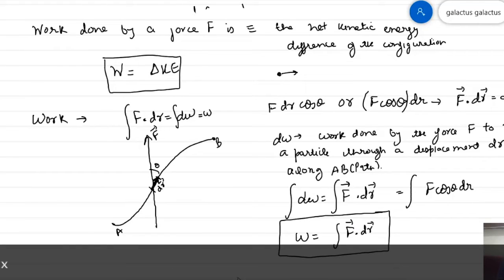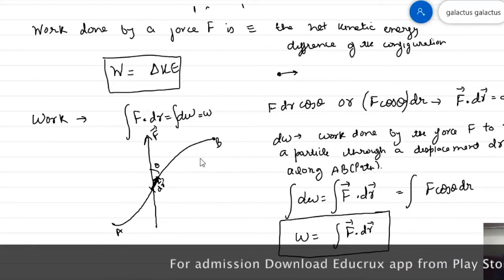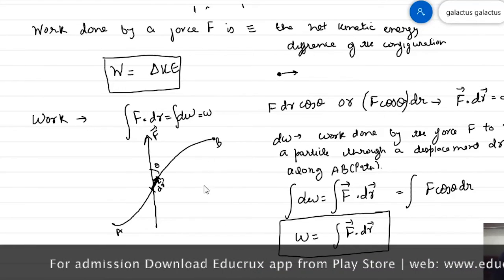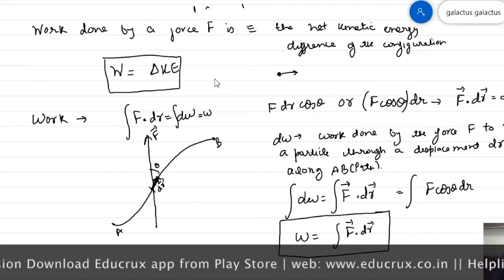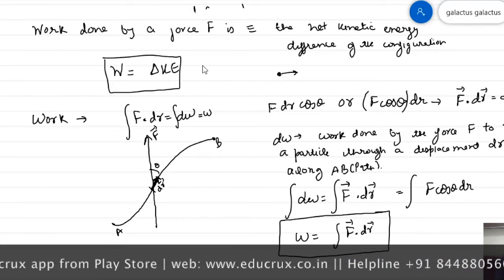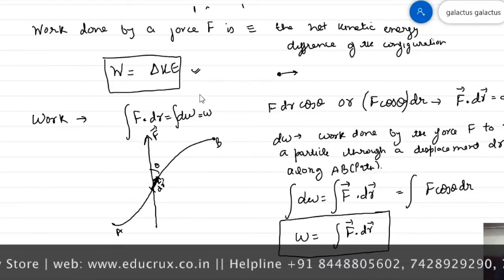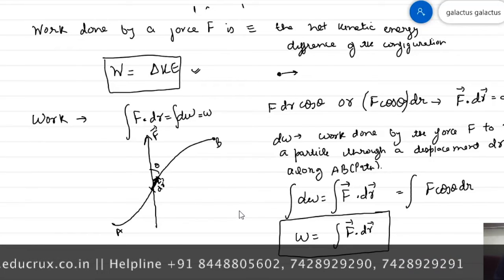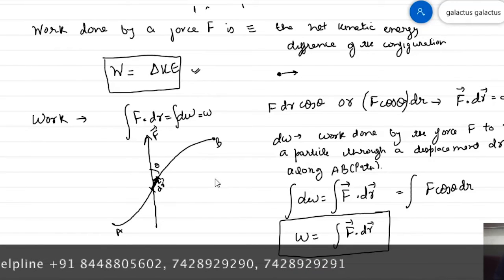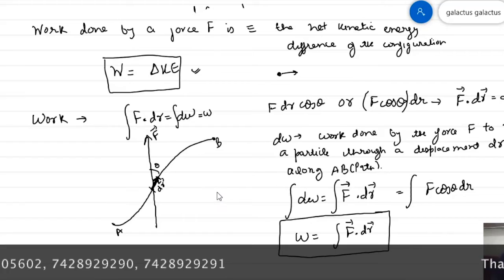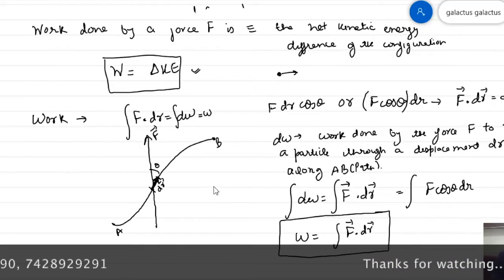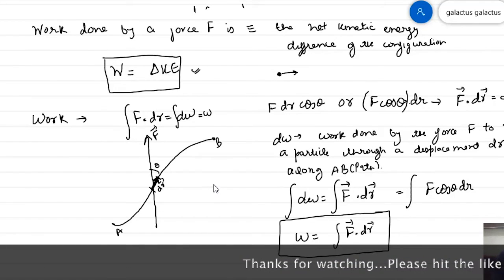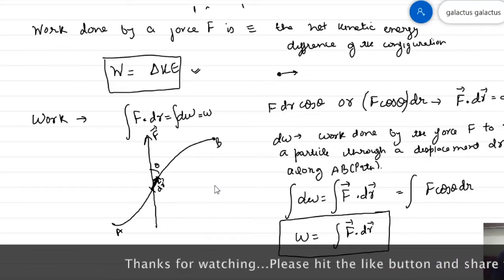This is the general definition of the work done on a particle under the force F when the particle is moving along some path. Up until now we have discussed what the work energy theorem is and the general definition of work. Let us now move forward and discuss more concepts in the work energy theorem.